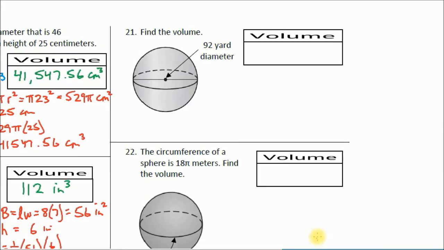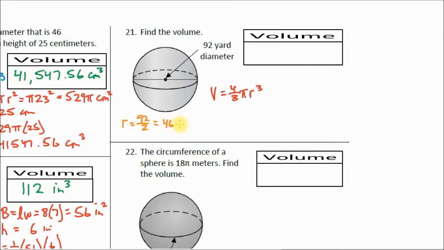Let's get one more in, then we'll go to the next video and wrap it up. Find the volume of the sphere. Well, I'm going to write down right now, class, the volume of a sphere is equal to 4/3 pi r cubed. That means we have to know the radius. Well, if the diameter is 92, then we know the radius is equal to 92 divided by 2, which is equal to 46.